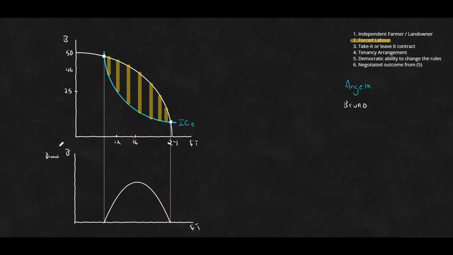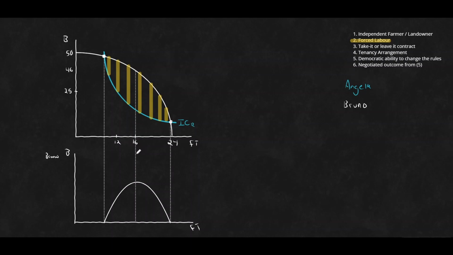So if Bruno wants to maximize his reward altogether, get the most that he can out of this slavery forced labor situation, Bruno would want to pick this point right here such that his return, his profits are maximized. Where is that point? There we go, somewhere just like that, cutting right through 16 hours of free time.